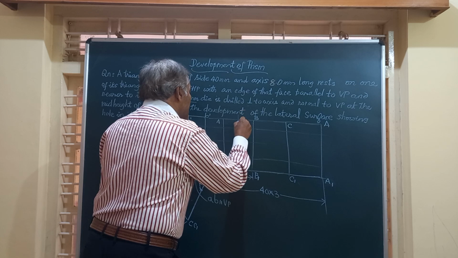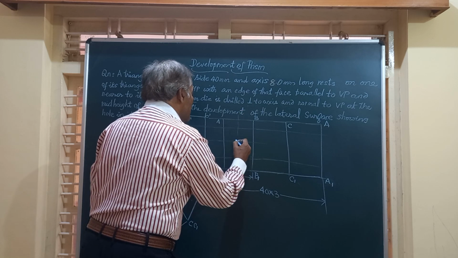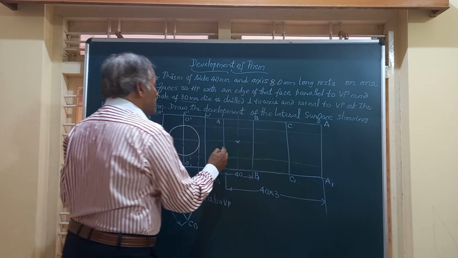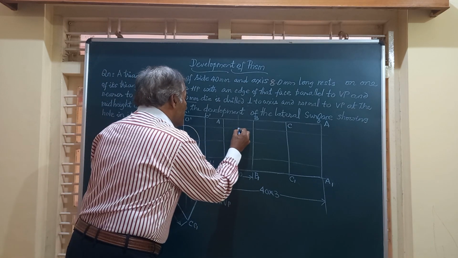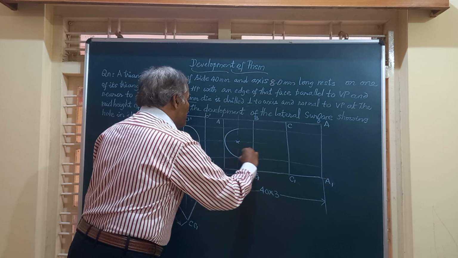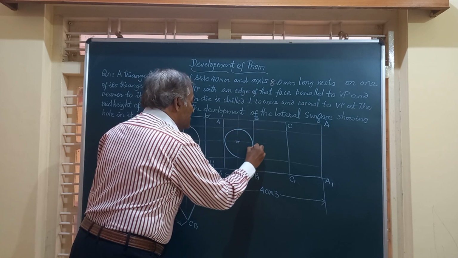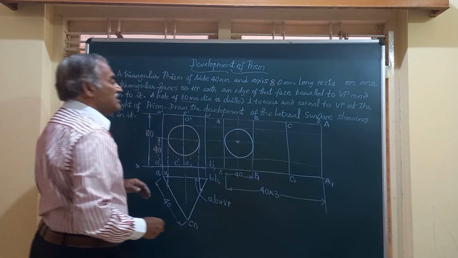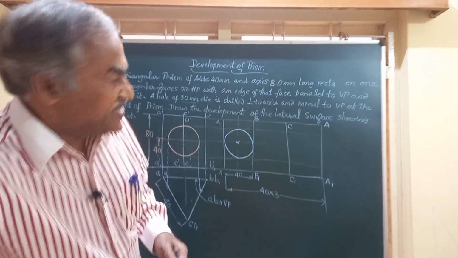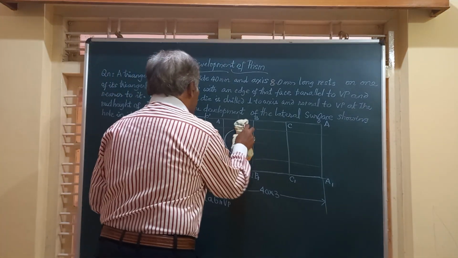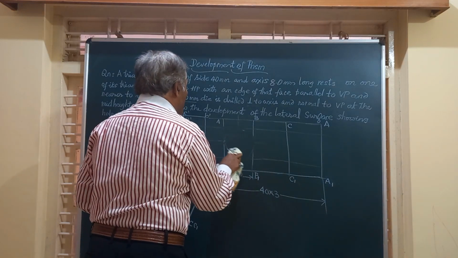So exactly in the center, we will mark the center, and with this center and radius equal to the radius of the circle, we are going to draw a circle, because this is seen as a circle since the width of this, I will make it a little smaller.